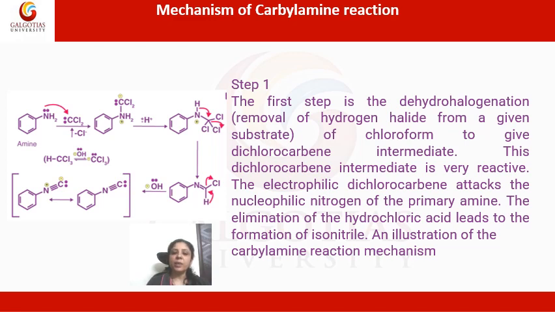Thereby, the elimination of hydrochloric acid leads to the formation of isonitrile. The mechanism is provided here. Here we can also see how this dichlorocarbene is produced with the help of chloroform and OH.